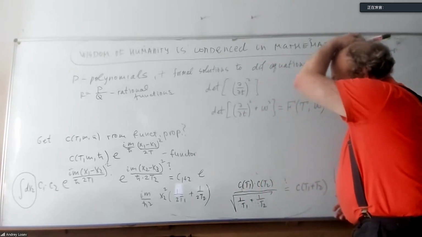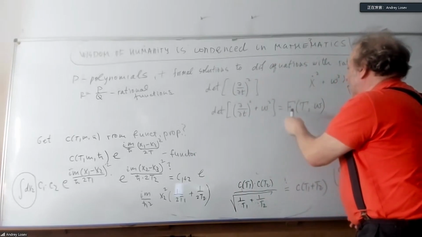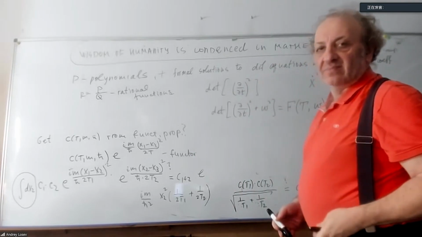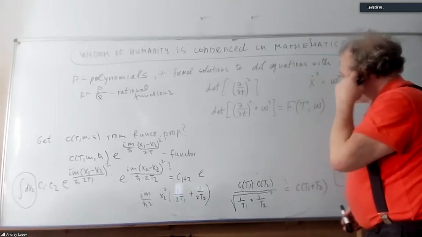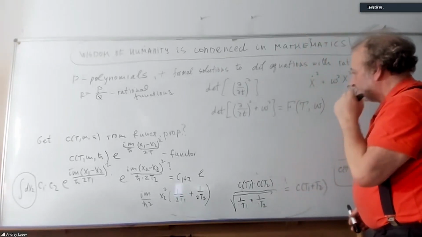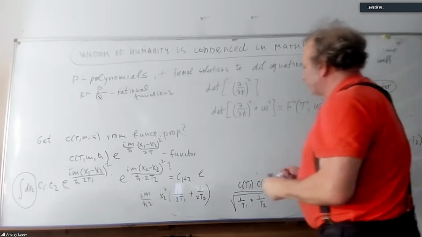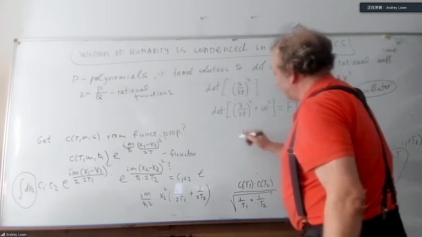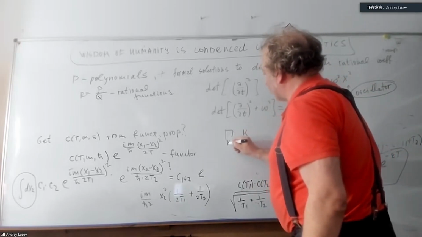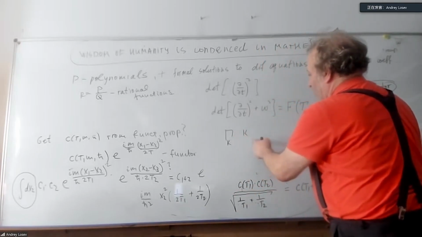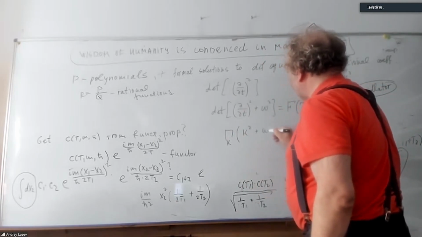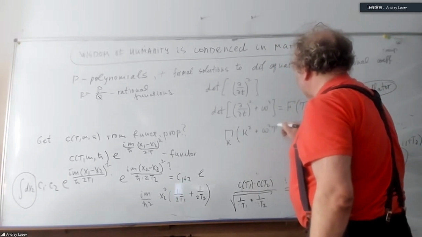So my strategy would be to write down some differential equations here. So actually, I'm going to study the following product. Product over k of k squared plus omega squared t squared.